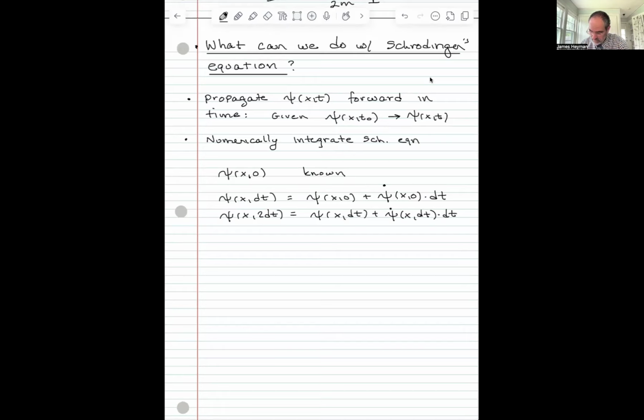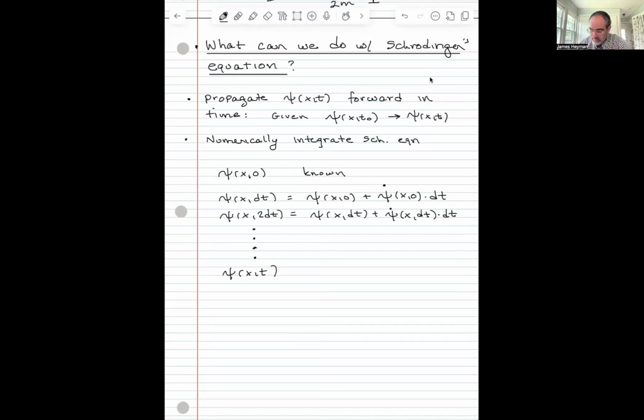And of course, we can repeat the process over and over again to find the wave function at any time we'd like. What we've sketched out here is a very simple way to do numerical integration of the wave function. Okay? And this scheme would work perfectly well. If you're a computer scientist, you know that there are actually more elegant ways to do this, but they amount to pretty much the same thing.